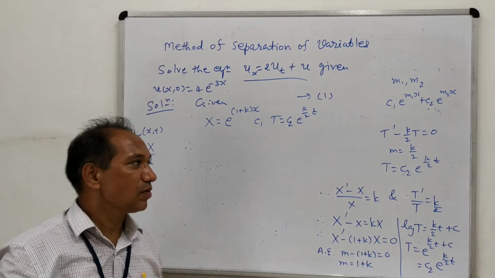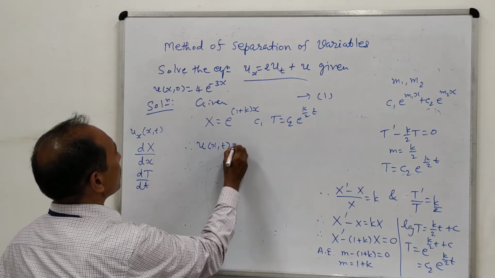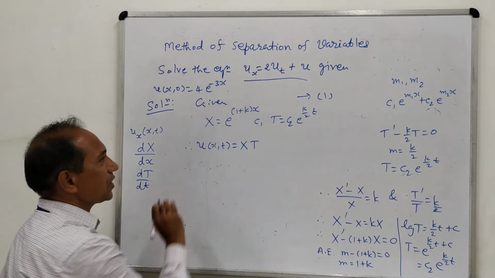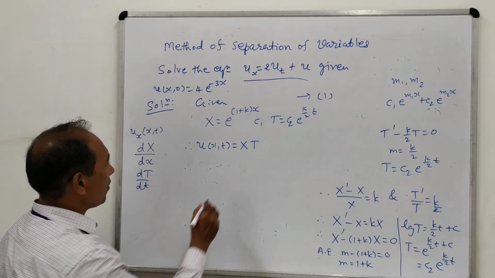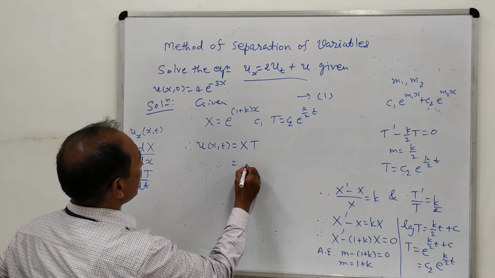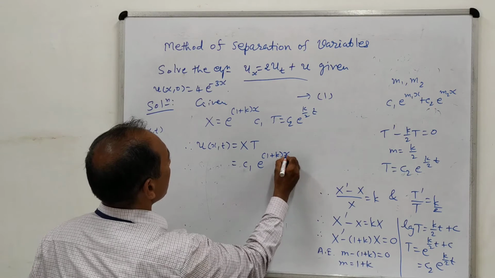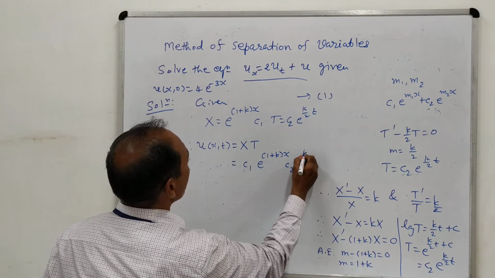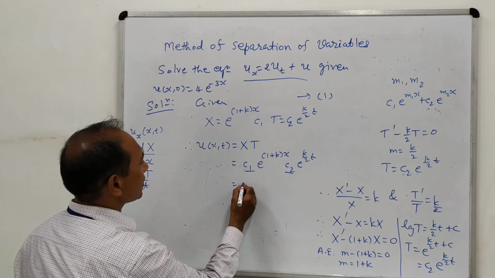This we have assumed for small u x t equal to capital X into capital T. This solution we have assumed at the initial level. So we have now this value is c1 e raised to 1 plus k into x into c2 e raised to k by 2 into t. So c1 into c2 gives us another constant.